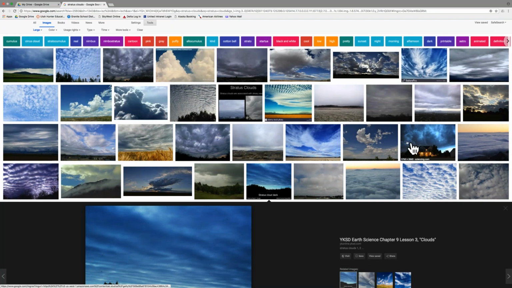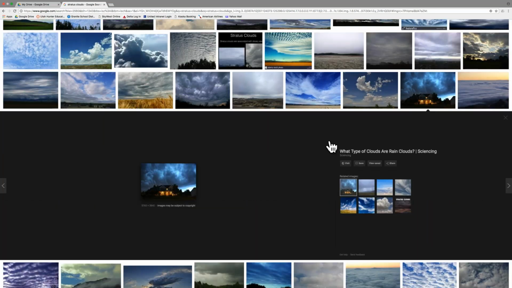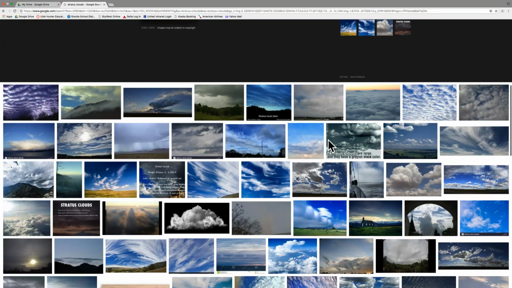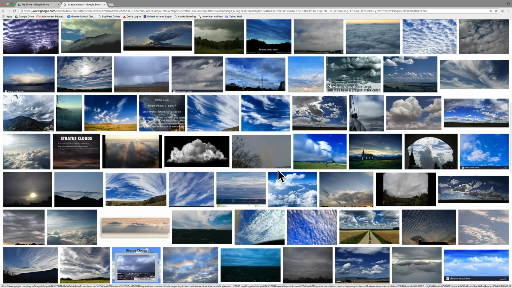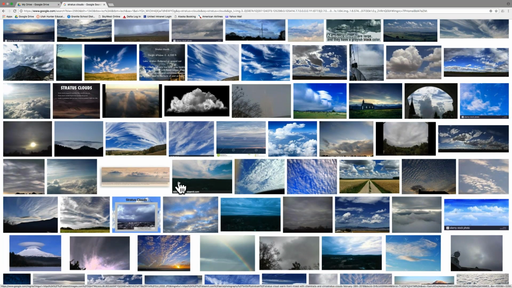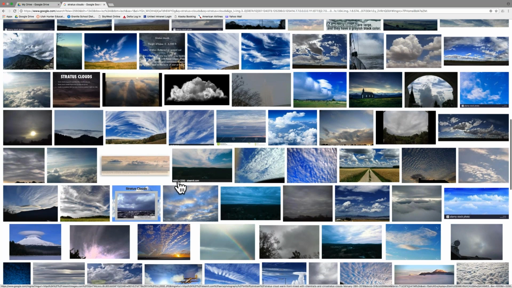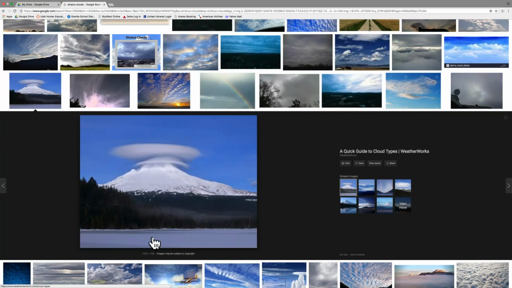I think it's funny. Some of these images are anything but a stratus cloud. Ooh. That's definitely not a stratus cloud.